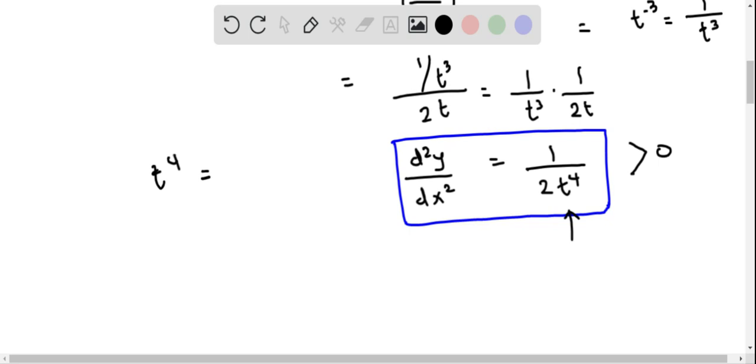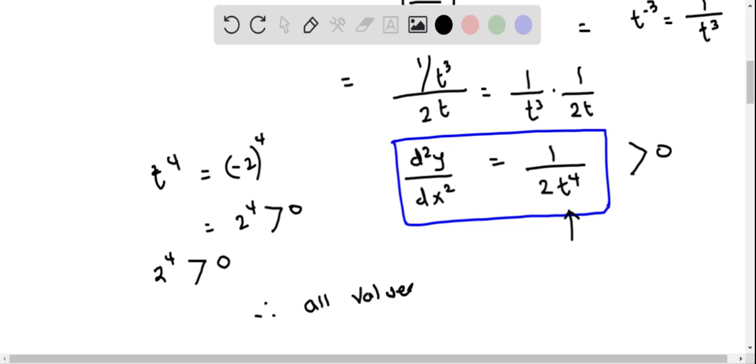So if we plug in a negative value, for example negative 2, it's going to be negative 2 raised to the power of 4, and this is equivalent to 2 raised to the power of 4, which is positive. And if we plug in t equals 2, it is 2 power 4, and this is positive. So it's going to be positive for all values of t. So therefore we see that for all values of t, the curve is concave upward.